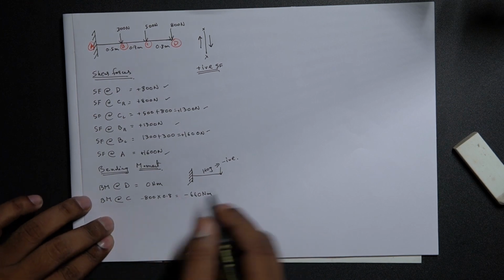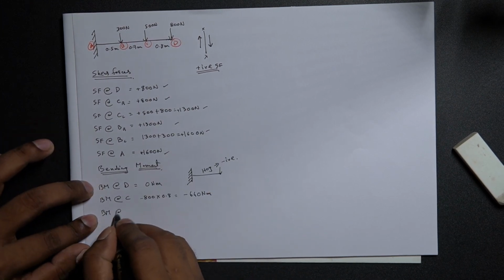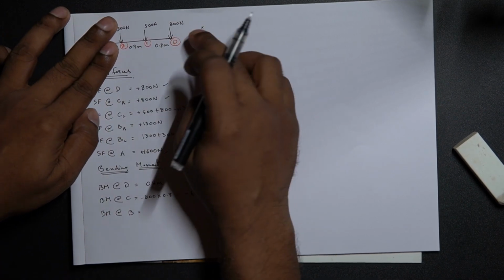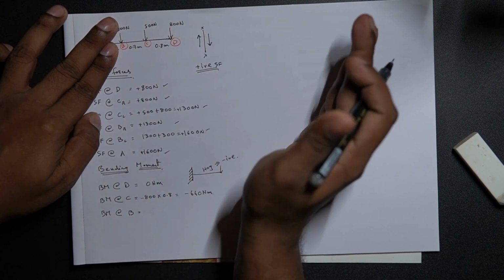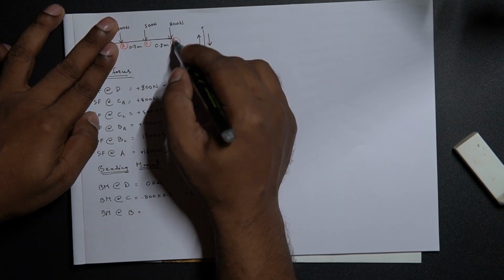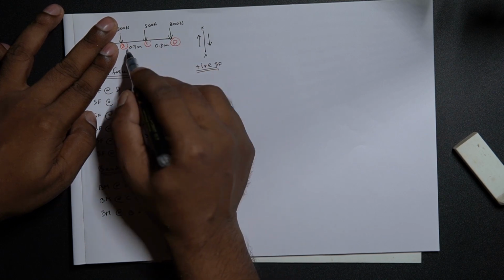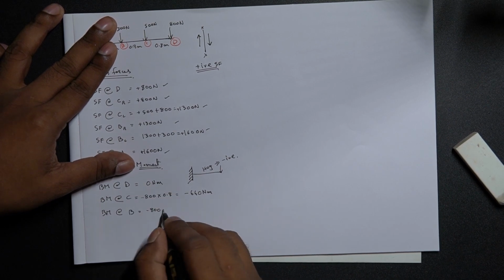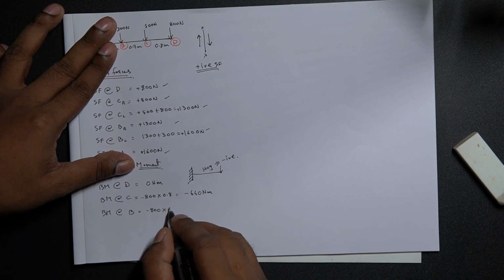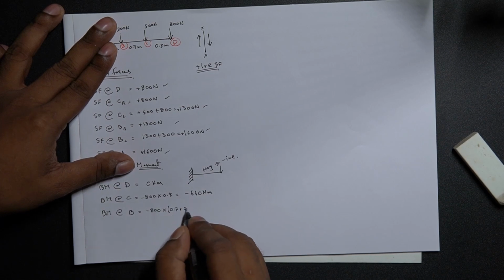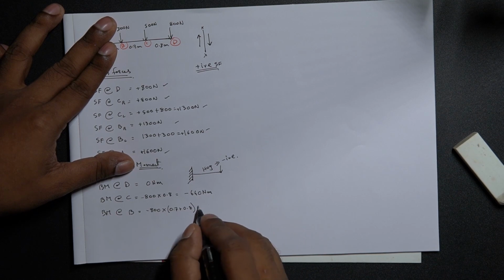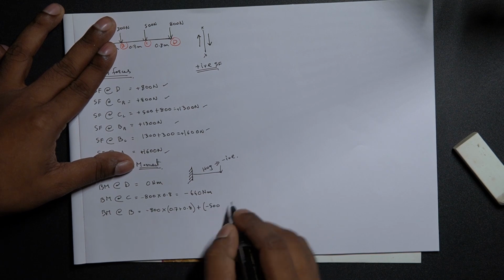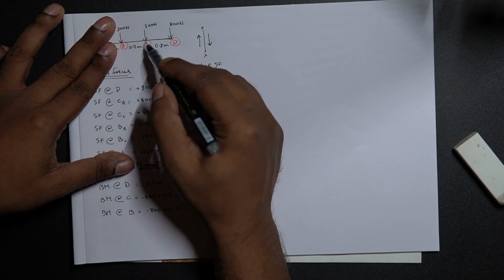Now moving on, let us calculate the bending moment at B. Bending moment at B is basically the algebraic sum of all the moments happening from one direction to another. So it is 800 times the total lever arm length, 500 times the remaining lever arm length. So minus 800, since it's hogging anyway, times 0.8 plus 0.7, plus minus 500 into 0.7.